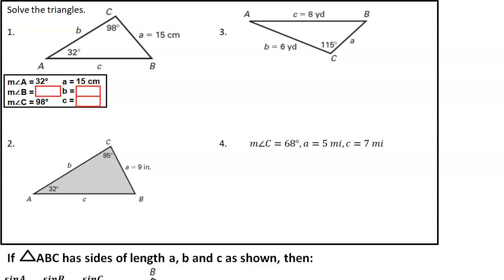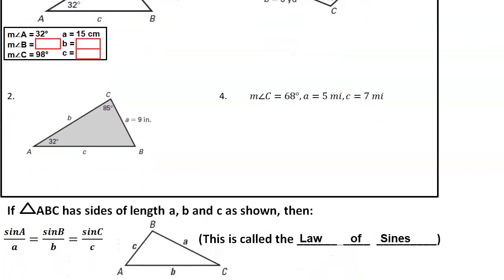All right, so let's talk about how it's done. We aren't actually going to use all three of these pieces in the formula. You know, when you see sine of A over a equals sine of B over b equals sine of C over c, we aren't going to use all three of those.